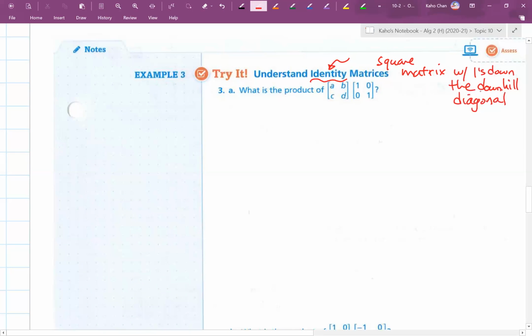Think of a square matrix like this. The downhill diagonal is referring to this. You'll have all ones. Everywhere else will be zeros.